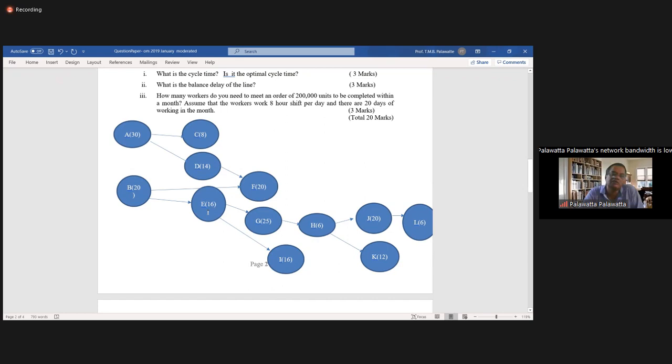So that's why I selected E. Once E is allocated, G and I become feasible.